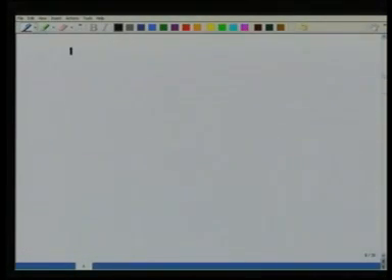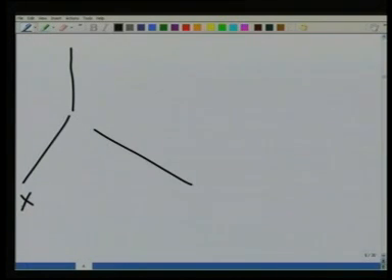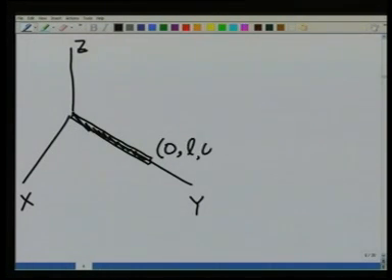So, what I did was took the x axis, y axis and z axis, took the rod along the y axis, so that its coordinate was 0, L and 0.